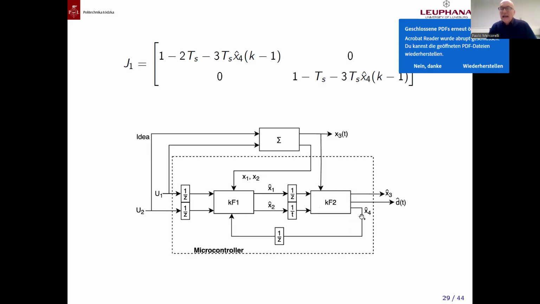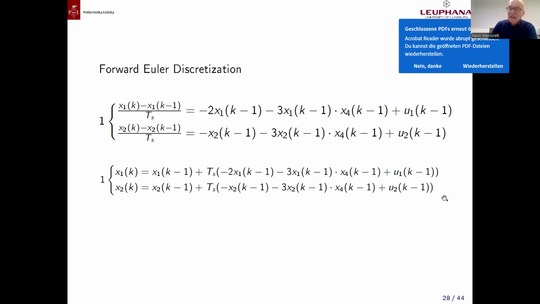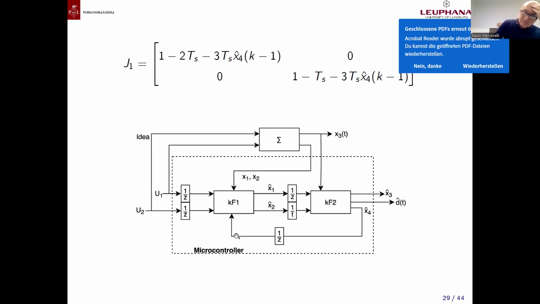Once I obtain the estimation of X4, you remember, KF1 is represented here. Of course, in order to work, it needs the value of X4. X4 is the velocity, if you think about synchronous motors.